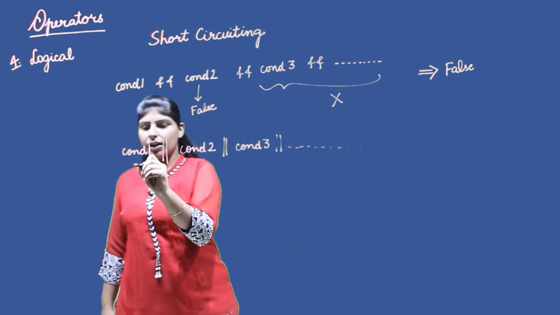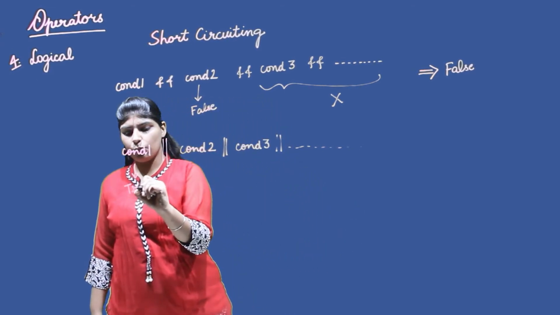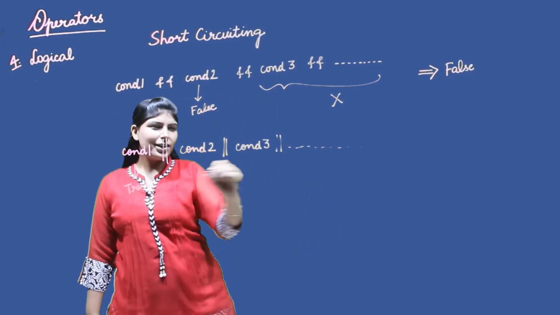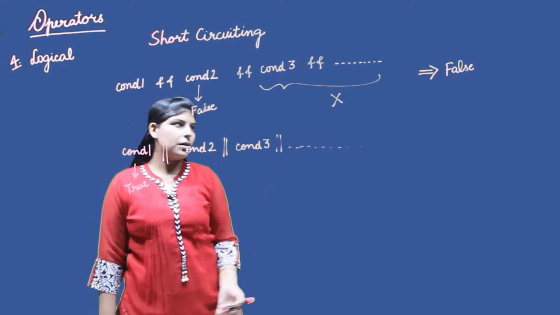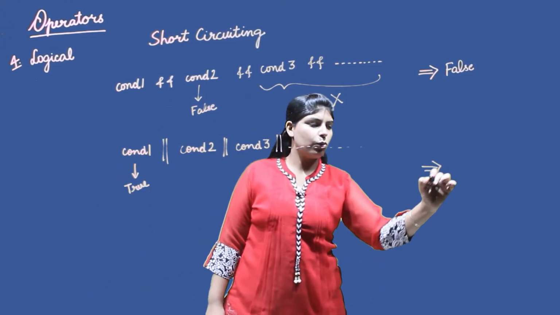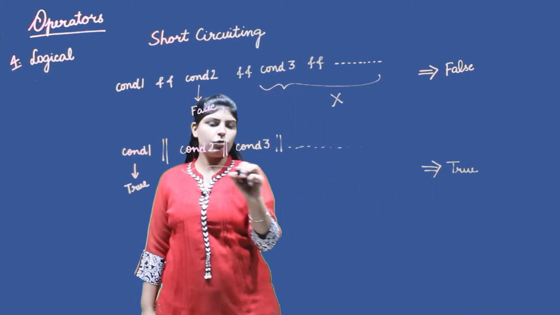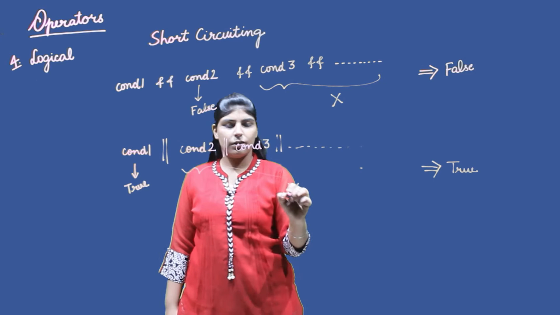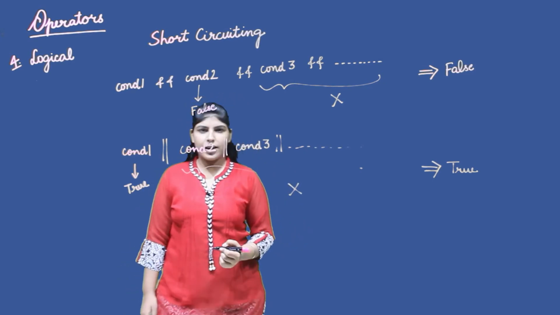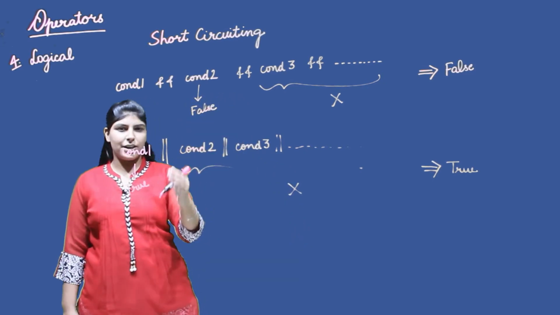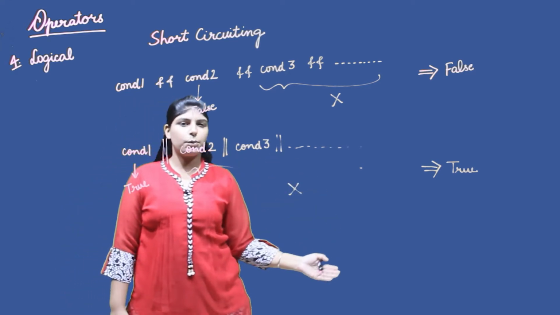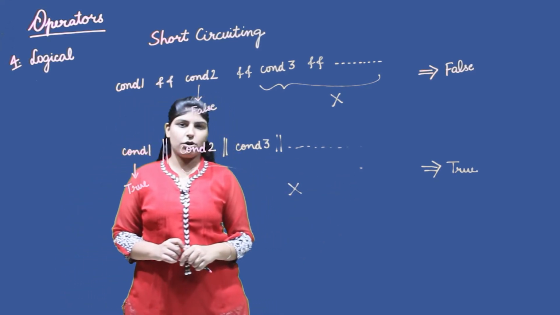So let's say the condition 1 here is true. So all these conditions don't matter because the answer will be true. So all the further conditions won't get evaluated. This is known as short circuiting, when we stop the execution of an expression because we know the output before the complete execution of that expression.